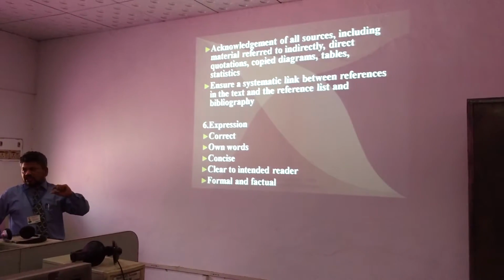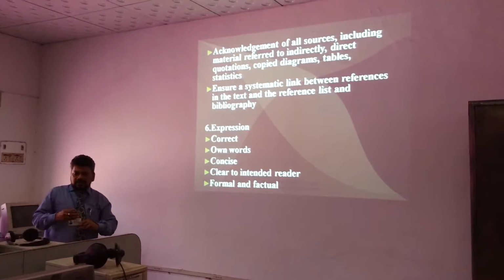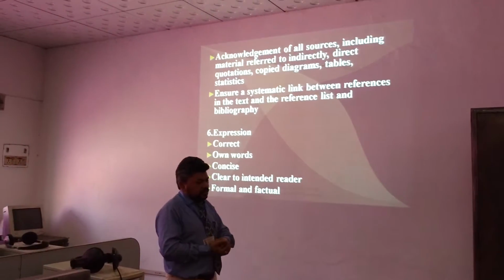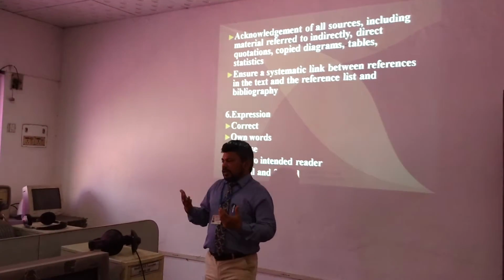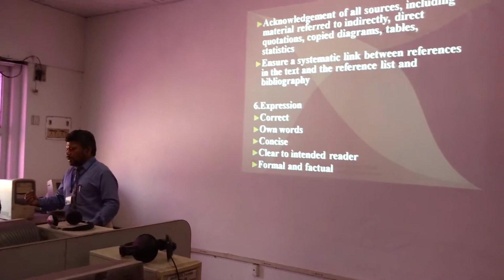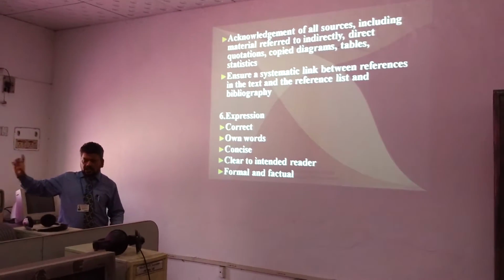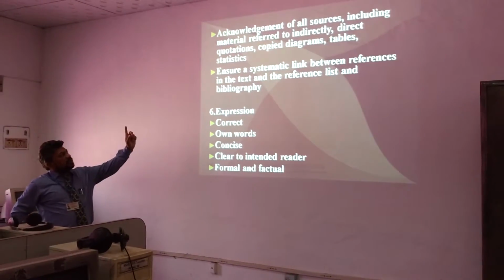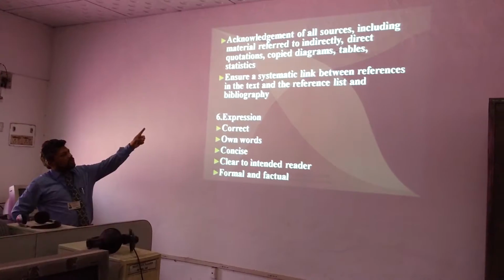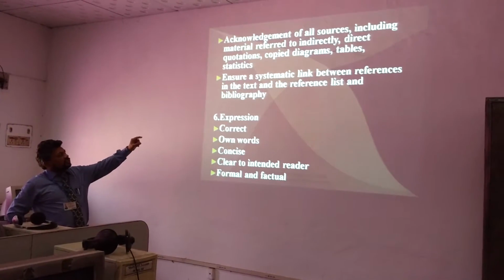Acknowledgement of all sources. If you have taken any support, you must acknowledge it. If I am borrowing any line from your writing, I must acknowledge that these lines are taken from that place. Material referred to indirectly or directly: direct quotations, copy, diagrams, tables, statistics.